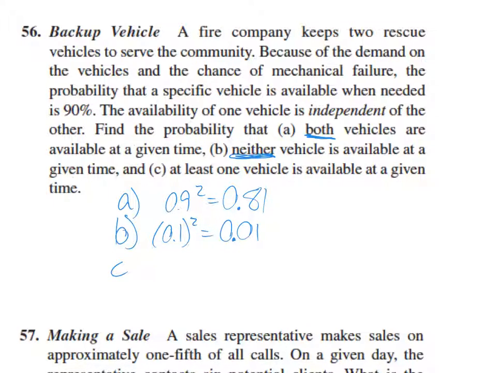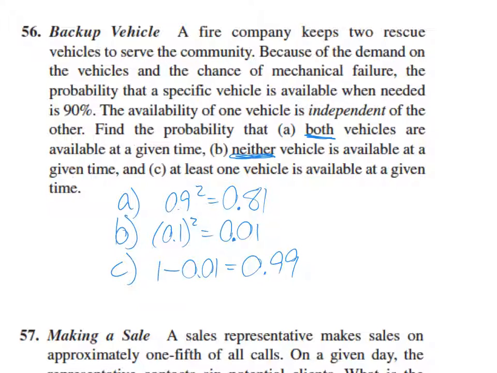So then C, what's the probability that at least one is available? Neve? You do 1 minus 0.01, which gives you 0.99. Good. So 99% of the time, at least one of the 2 engines will be available. That's good to know.